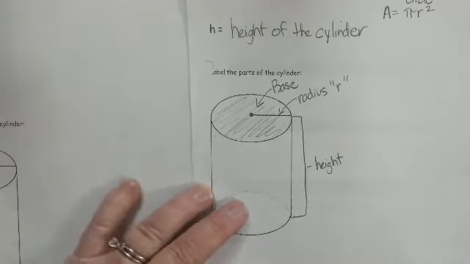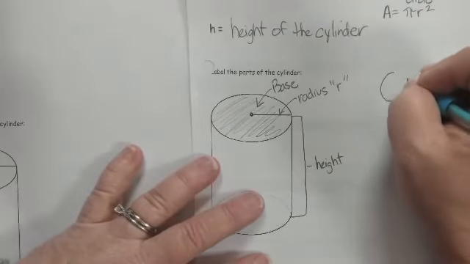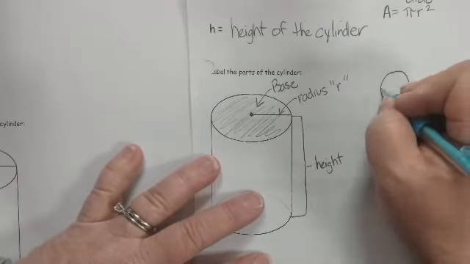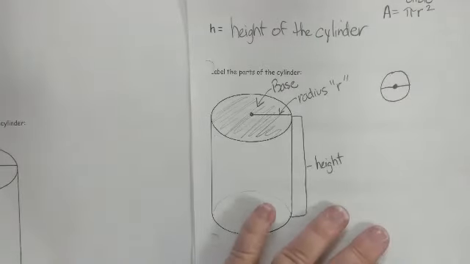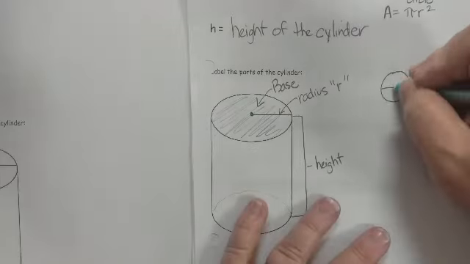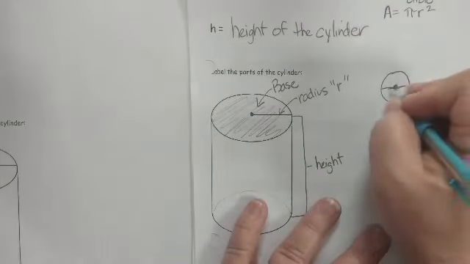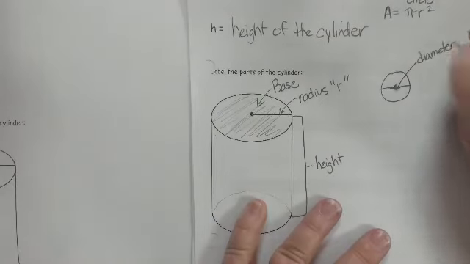Okay? Now, sometimes, and we're going to look at this, they give you a circle, and they give you all the way across the circle. Do we remember what that is called? Just needs to be all the way across. That line all the way across a circle is a diameter, okay?